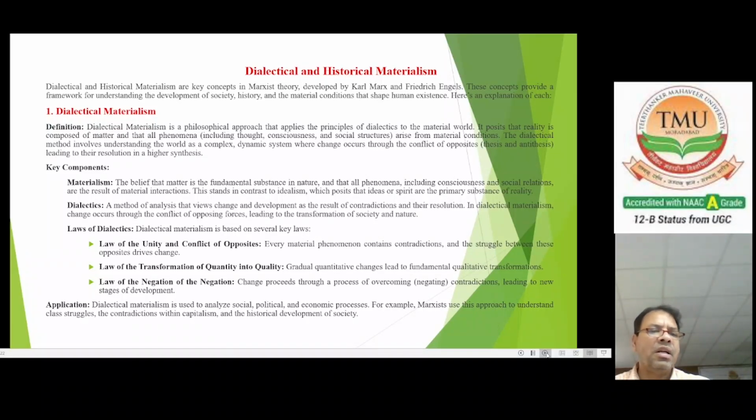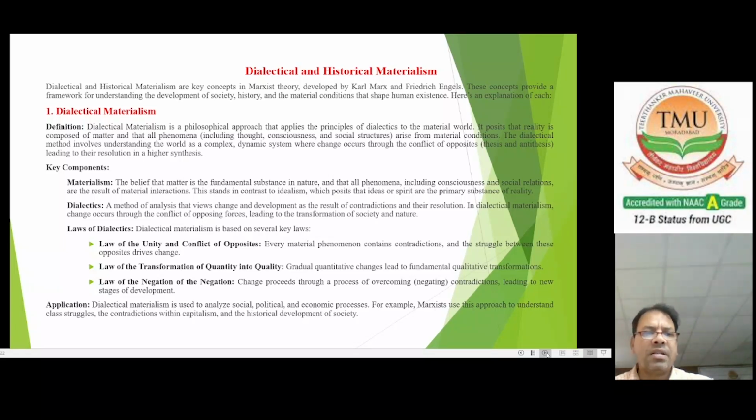First is dialectic materialism. Dialectic materialism is a philosophical approach that applies the principles of dialectics to the material world. It postulates that reality is composed of matter and that all phenomena, including thoughts, consciousness, and social structures, arise from material conditions.